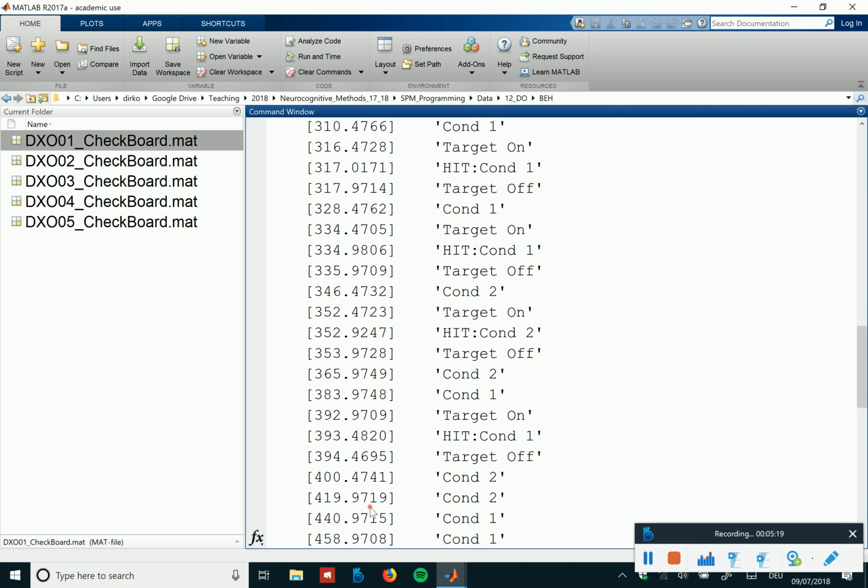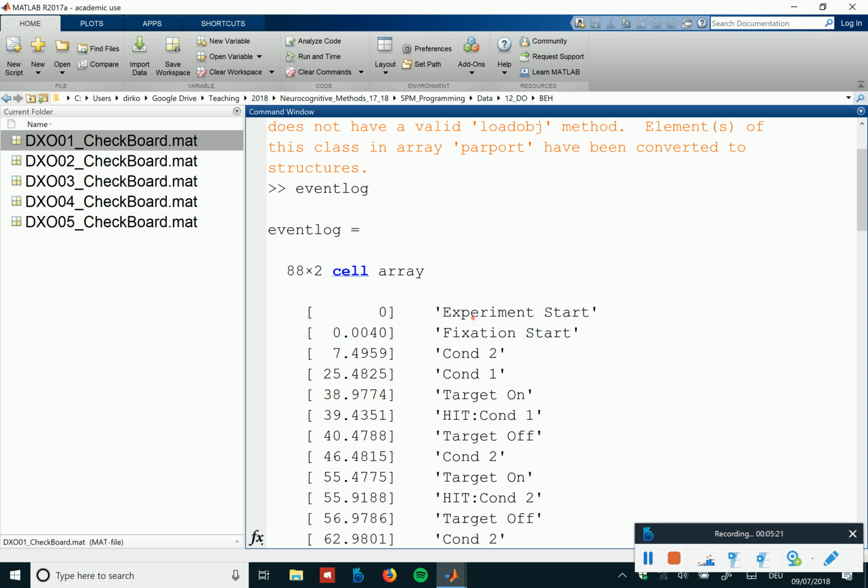And of course one needs to know what these conditions are, and for our purposes here the main interests are these cont2 and cont1. So cont1 was the presentation of a high contrast checkerboard, and cont2 was the presentation of a low contrast checkerboard in the left visual field.